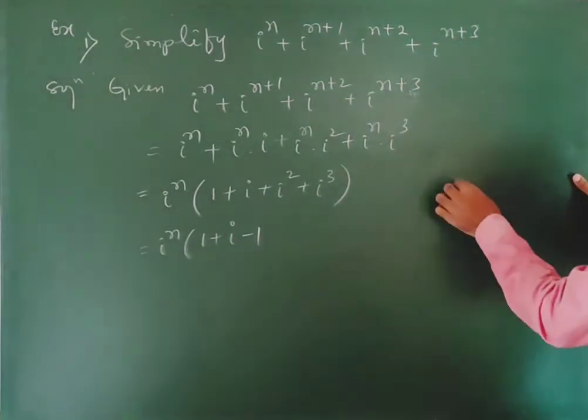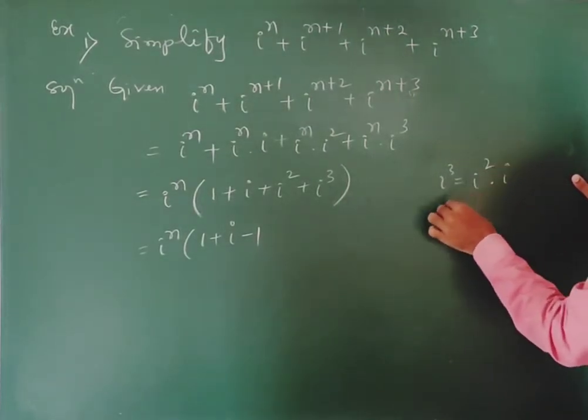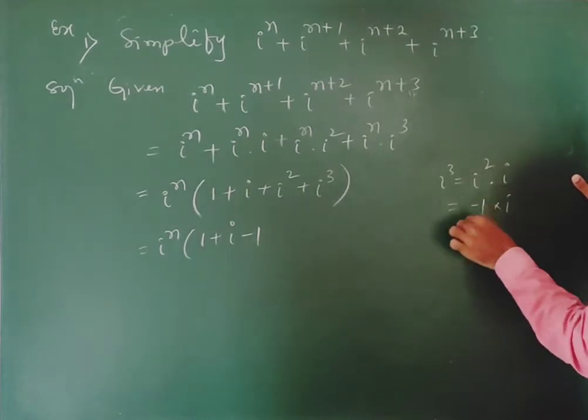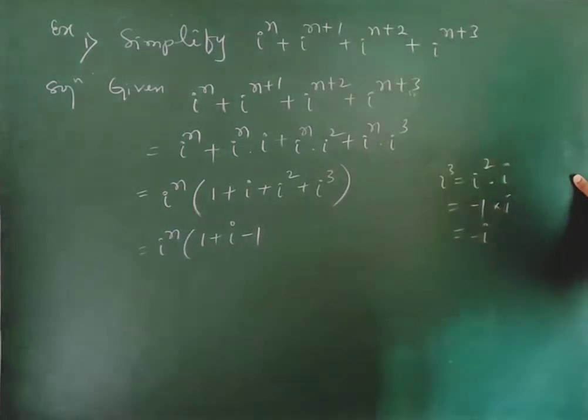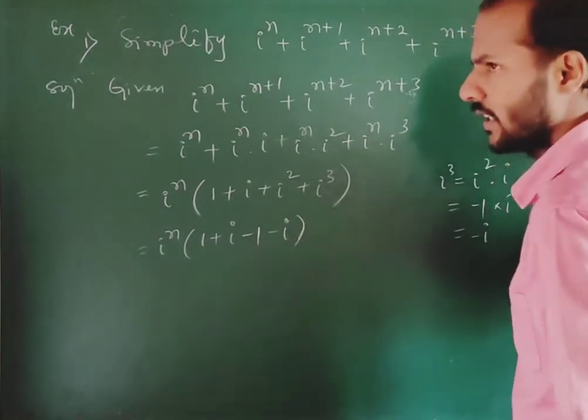Already we know i cube can be written as i square into i. i square value is minus 1, into i is minus i. Therefore it is minus i, right?